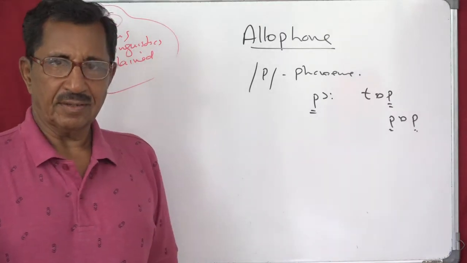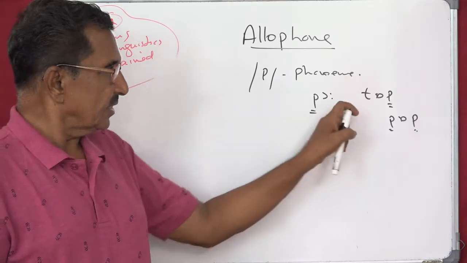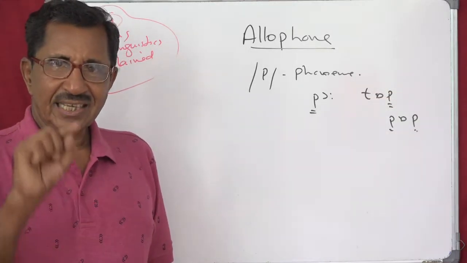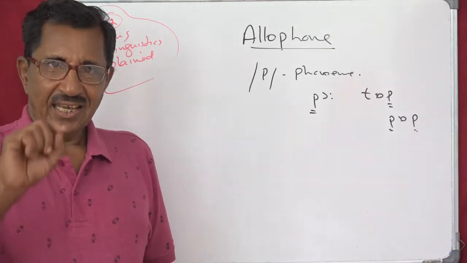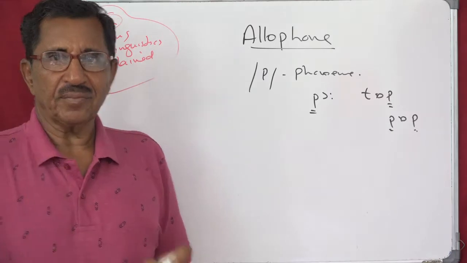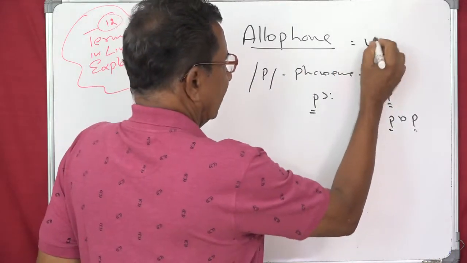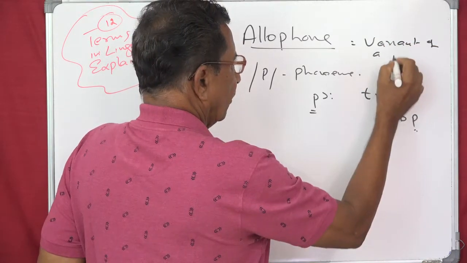So that means, although these sounds are the P phoneme, there is slight variation. And the variant of a phoneme you call an allophone. So an allophone is a variant of a phoneme.